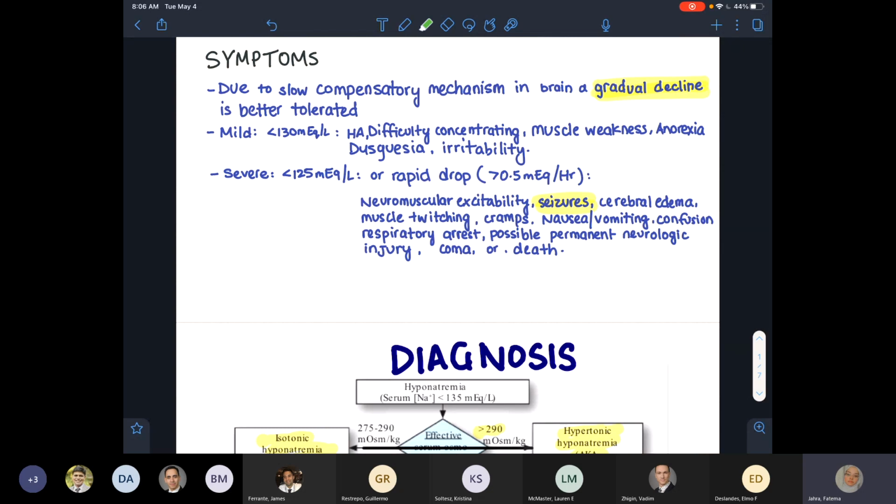But if you do have an acute drop, then you can have symptoms, and I separated them into mild and severe. Usually we have people less than 130 who are still asymptomatic, but we often don't know if they've been less than 130 for a while or not. But if you've just dropped to less than 130, you'll have irritability, difficulty concentrating, and headache.